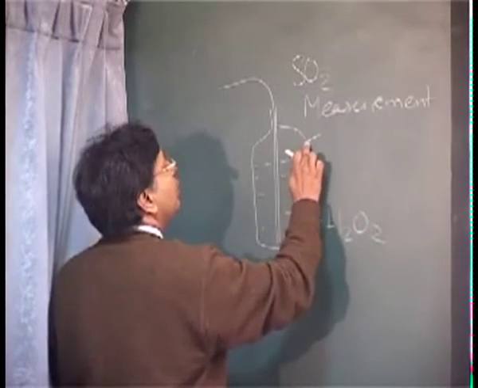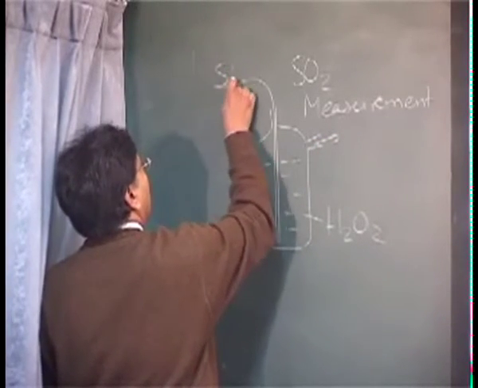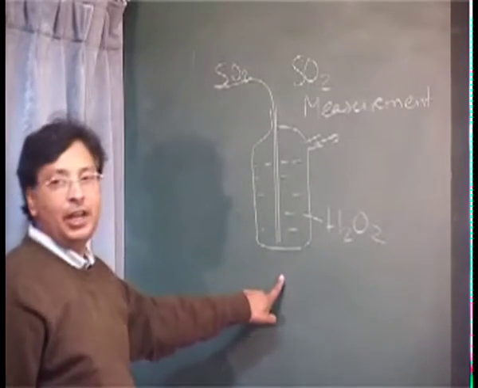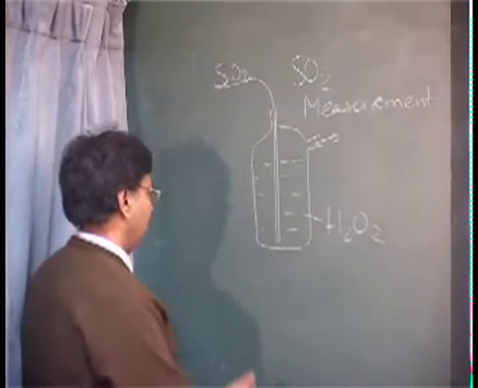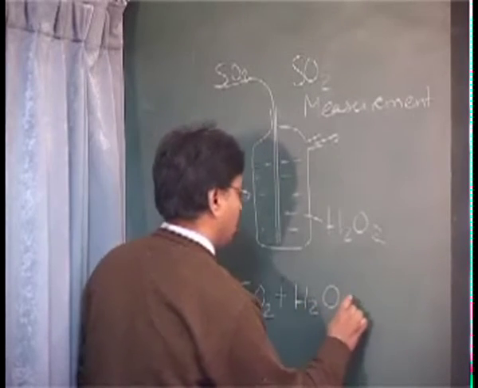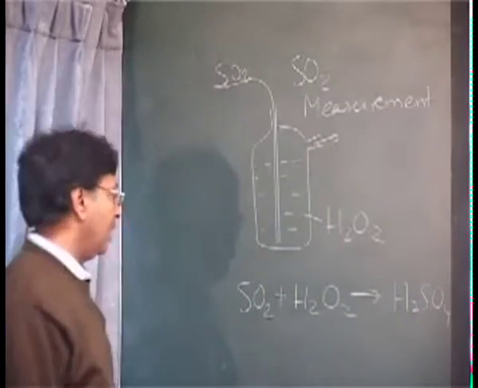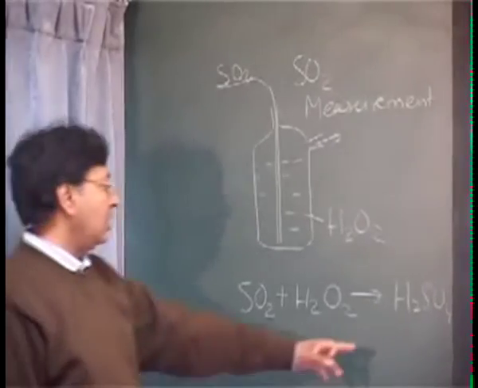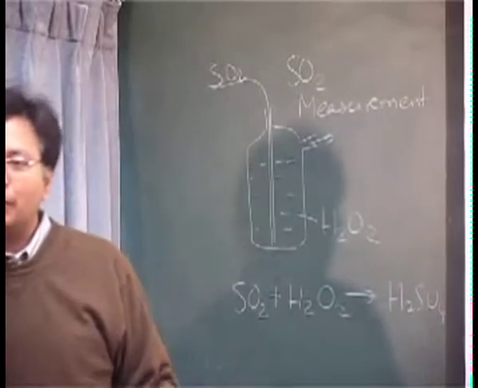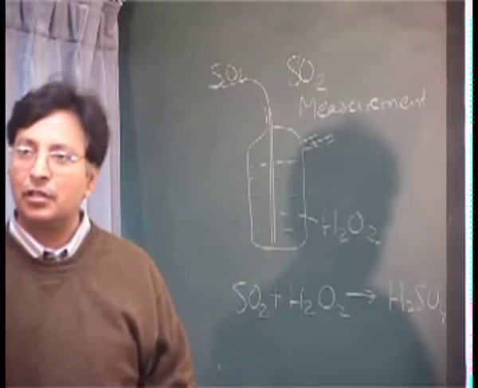Okay, this may be the outlet. Put SO2 in there. This SO2 will quickly make H2SO4. Is it balanced? Should be balanced. And H2SO4 you can titrate with standard alkali and find the amount of sulfate, and once you know the amount of sulfate you can find out what the SO2 concentration was. In fact, this is the way.